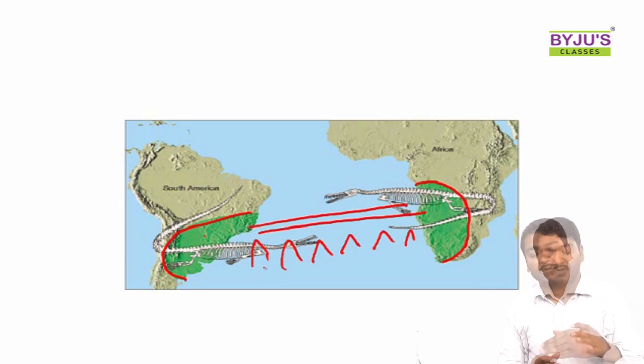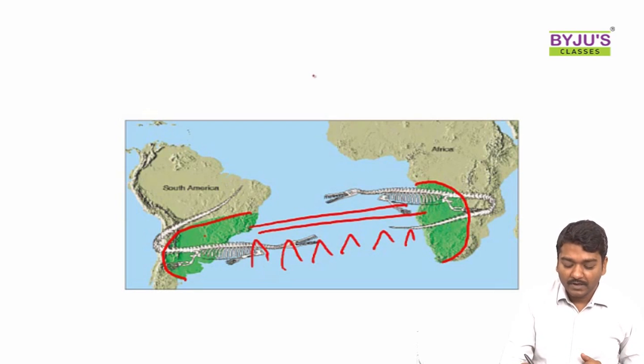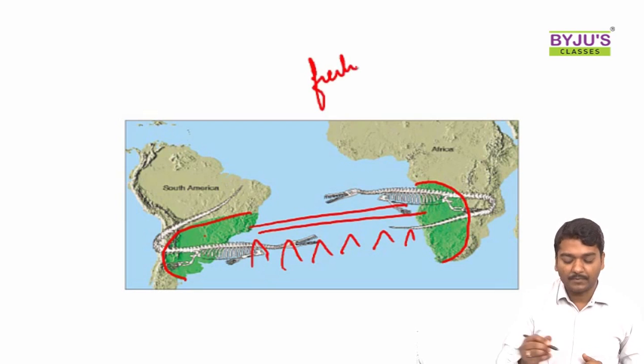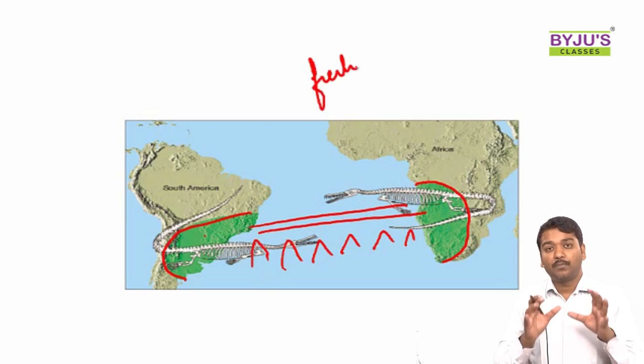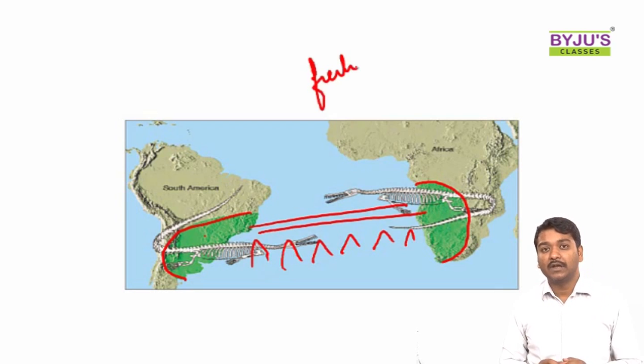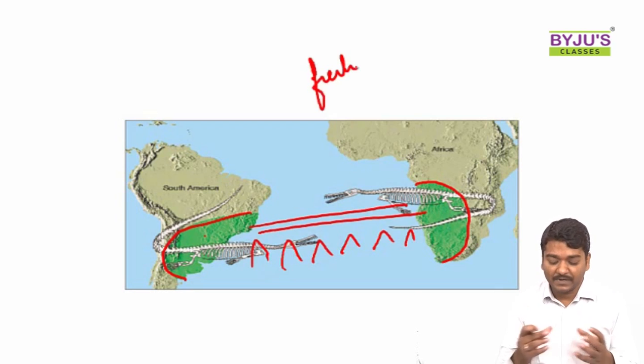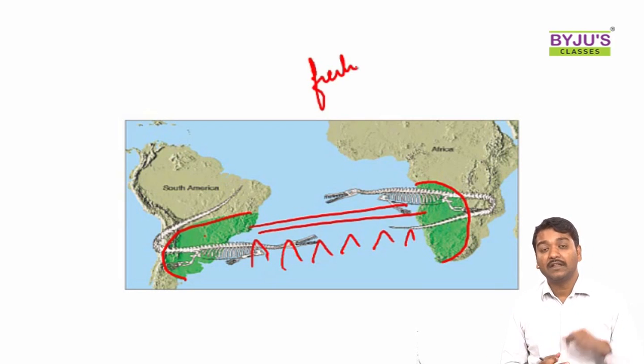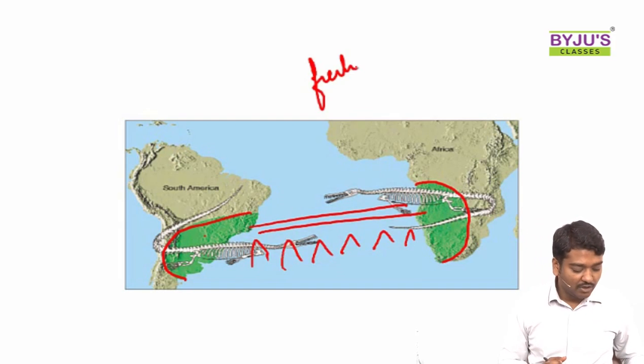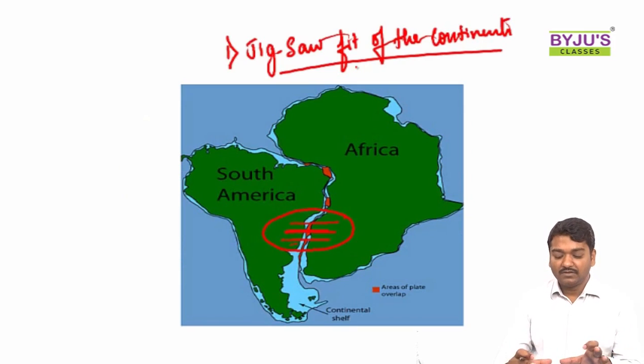They should have swum across, which is not possible, the reason being it is a freshwater reptile. So if you see the same fossils present on these two sites, then the logic that these two were together is correct.